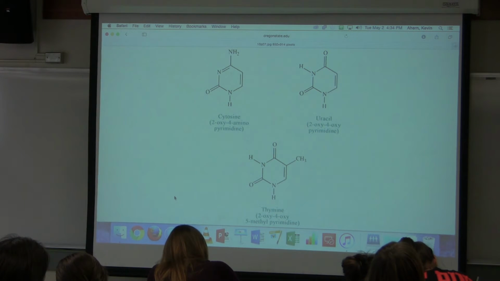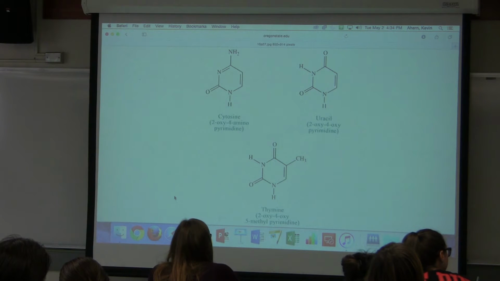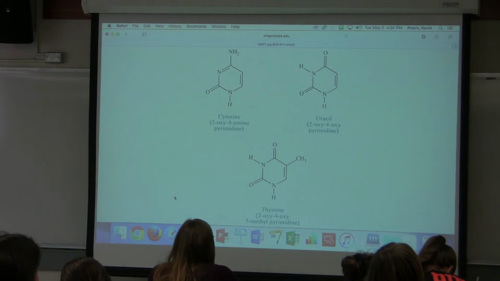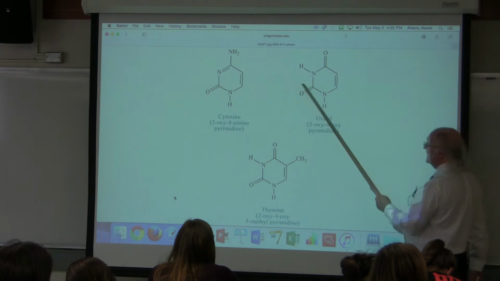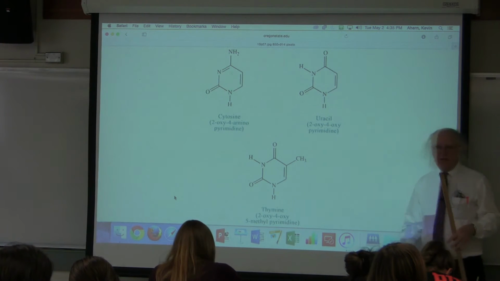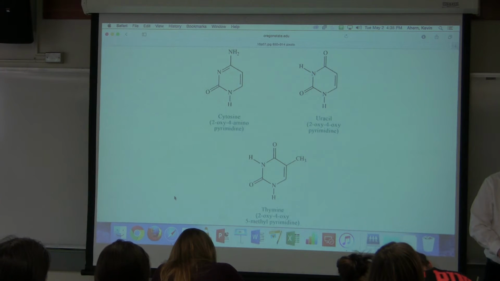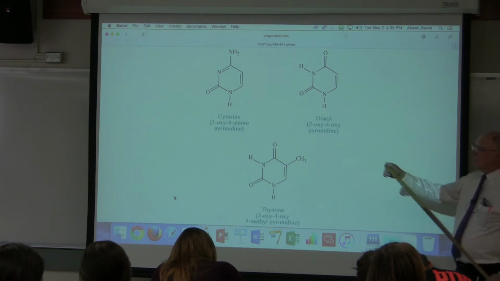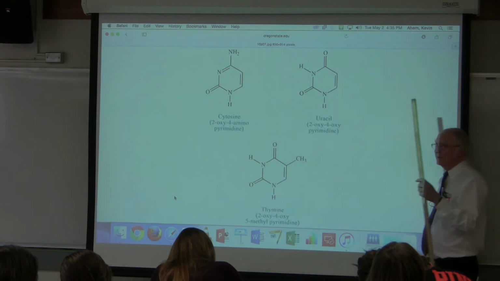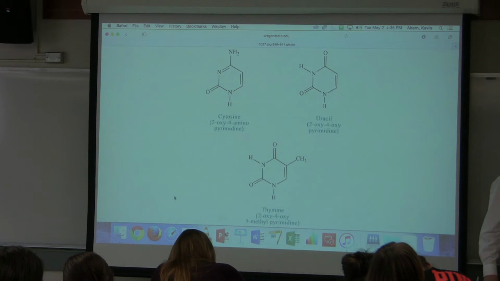What's U going to pair with? U is going to pair with A, not with G. So again, if we see this U-G base pair, we know that this chemical instability has happened, and that the cell has a way to fix it.